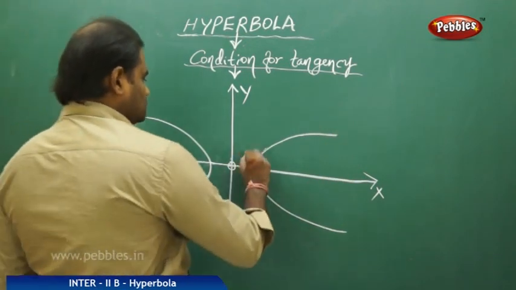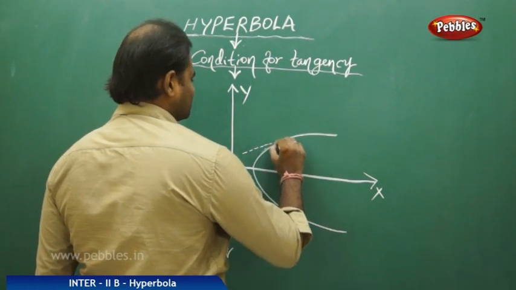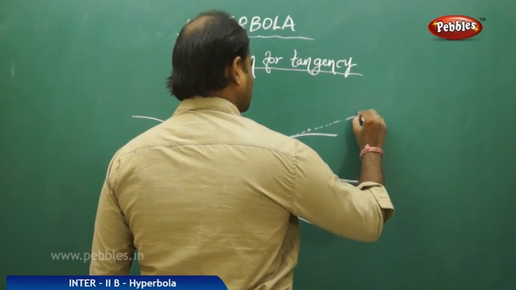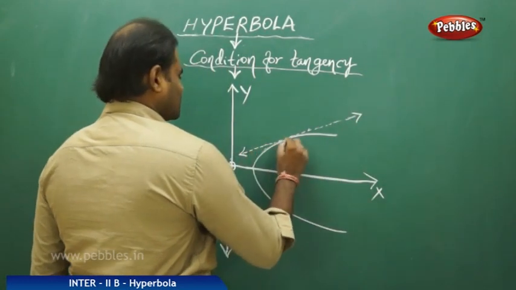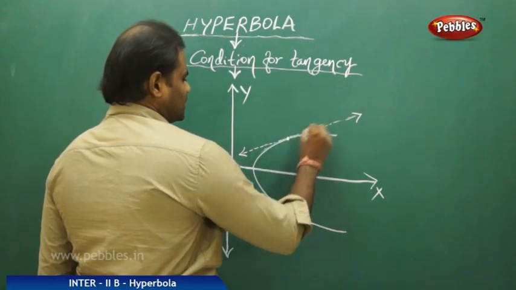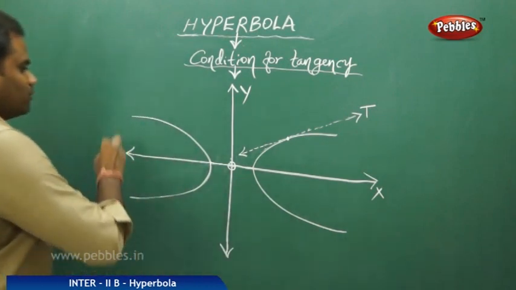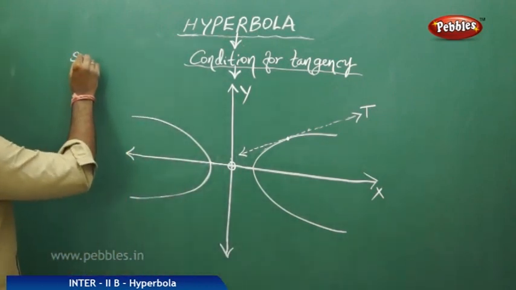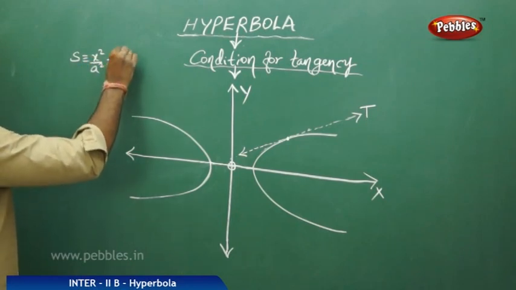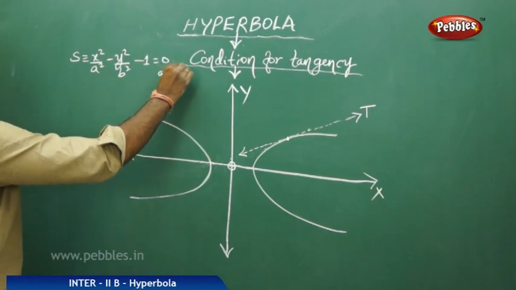Suppose I have a line which is a tangent to the hyperbola given in standard form, x squared by a squared minus y squared by b squared minus 1 equal to 0 with a greater than b.